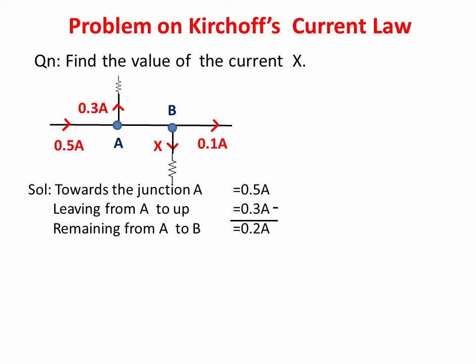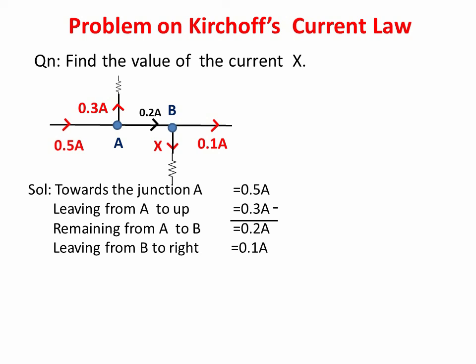Moving towards B, it is also 0.2A. Further, the 0.2 ampere is split into 2. Leaving from B to the right hand side is 0.1 ampere.